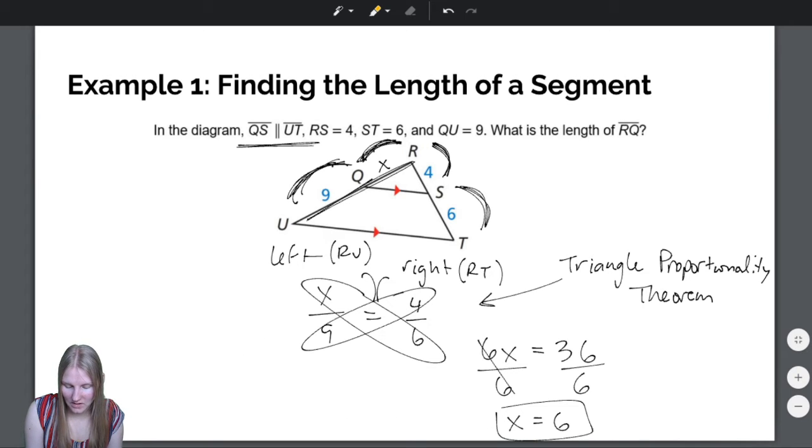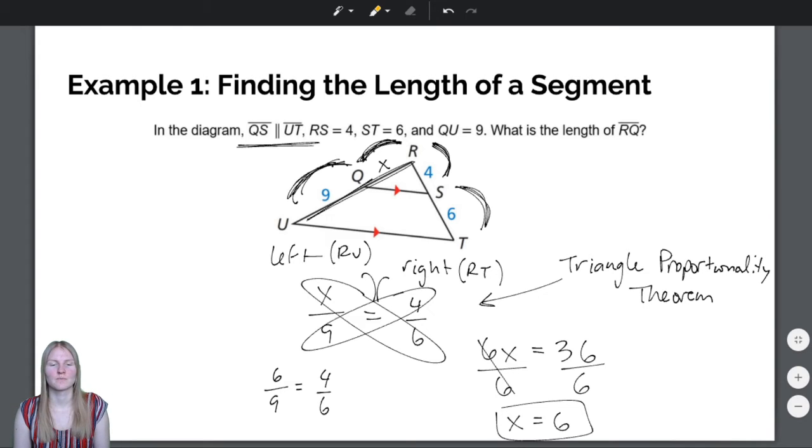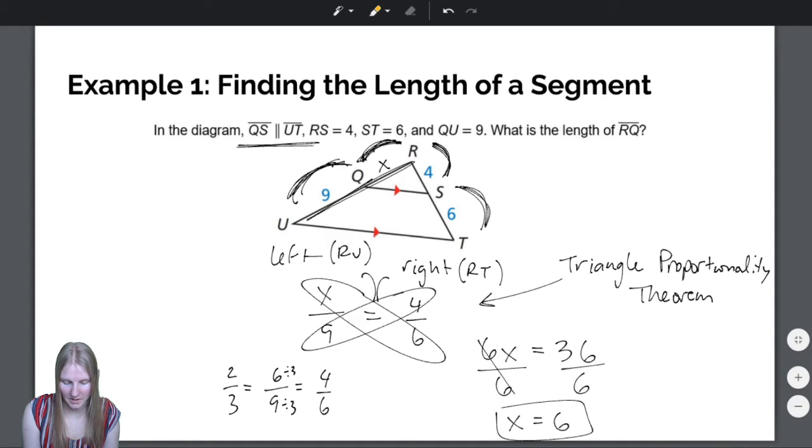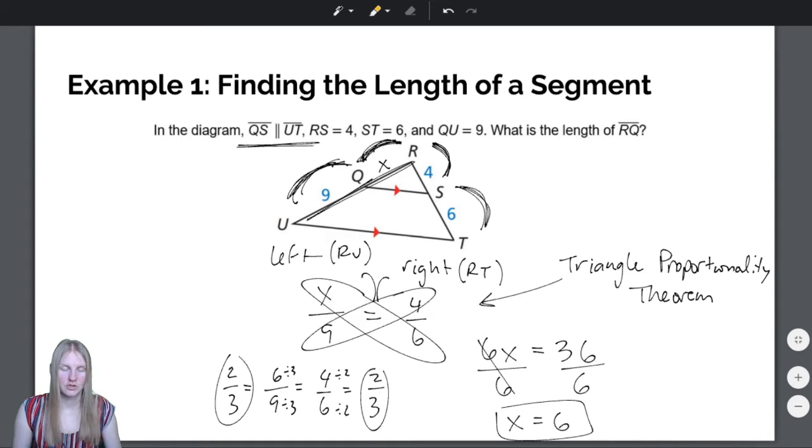We have that 6/9 should be equal to 4/6. Is that true? Well, 6/9 is 2/3 if I divide by 3 on the top and bottom. And 4/6, if I divide by 2 on the top and bottom, is 2/3. So yes, 6/9 and 4/6 are the same thing, which means that x equals 6 was correct.